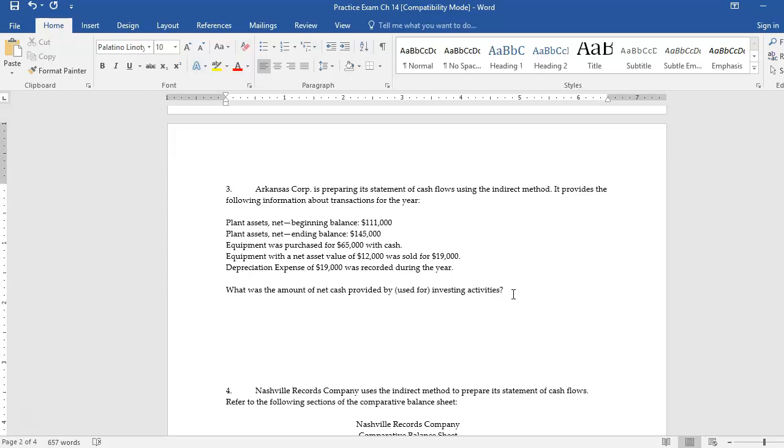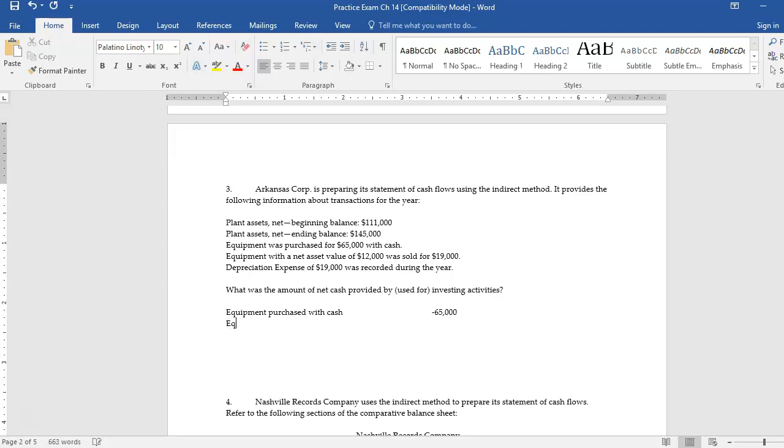All right, we want equipment purchased with cash, and that's going to be a negative $65,000 because cash went out the door, so I'm going to subtract that out. And then I sold equipment, and I'm going to assume I sold it for cash. So equipment sold for cash, and I received $19,000 for it.